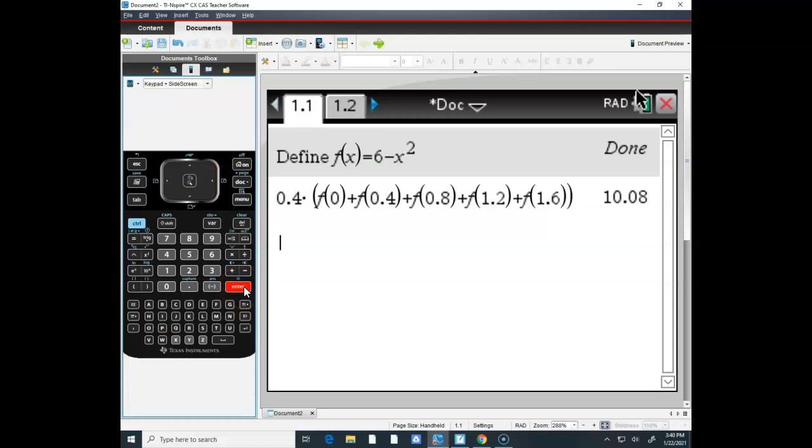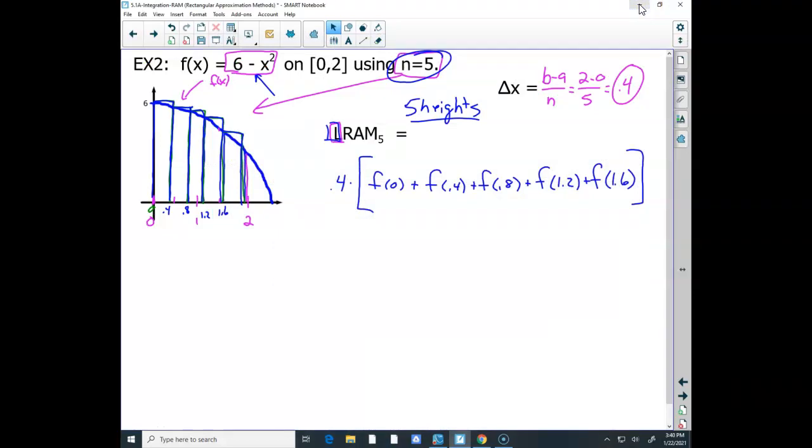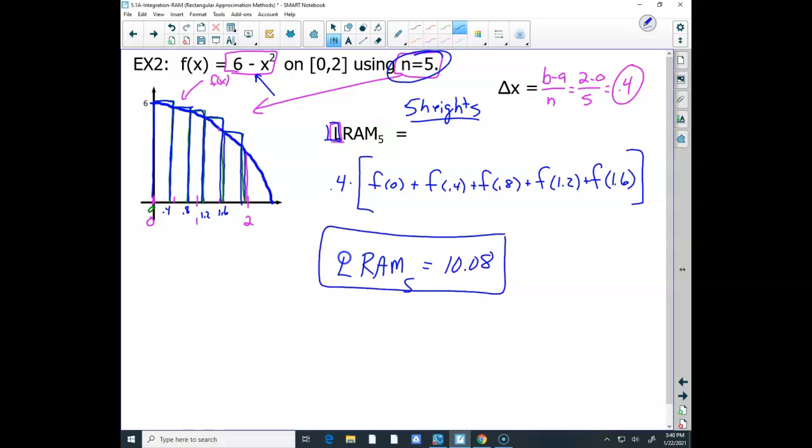And I'm going to hit enter, and it looks like my left RAM is going to be 10.08. Okay, so my left RAM with 5 subintervals, that's important because if I have more than 5, I'm going to have a different one, is going to be 10.08, and that is the area.